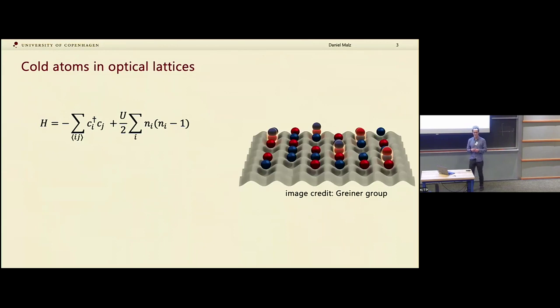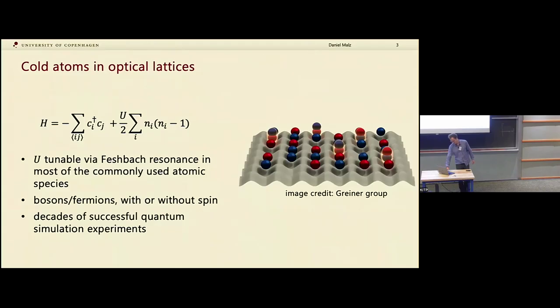The atoms can hop from one lattice site to the next, and they experience on-site interactions, which is this Hubbard U, which can be either repulsive or attractive. This interaction is in many cases tunable, because you have Feshbach resonances that you can tune with a magnetic field. In many of the commonly used atomic species, you can have either bosons or fermions, spinful particles or spin polarized particles.